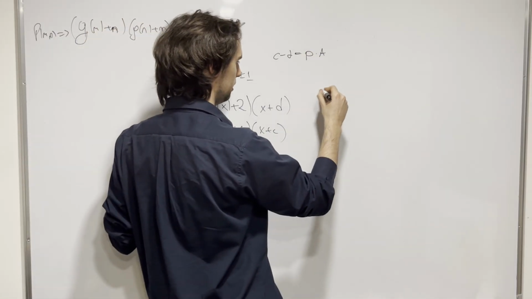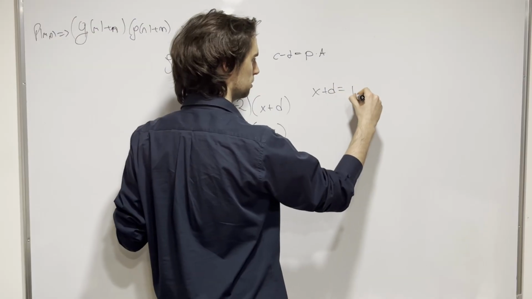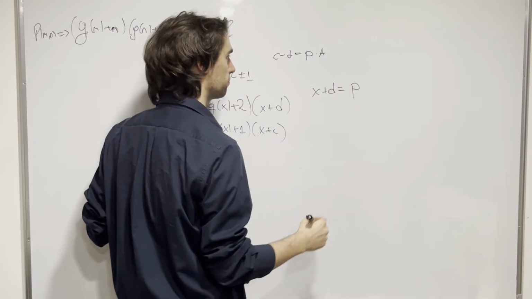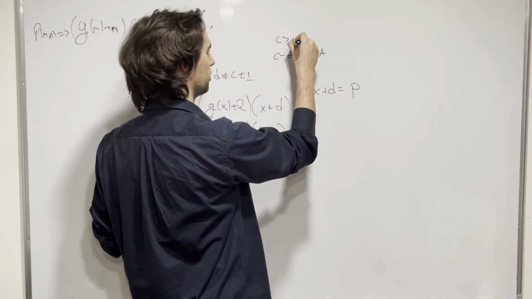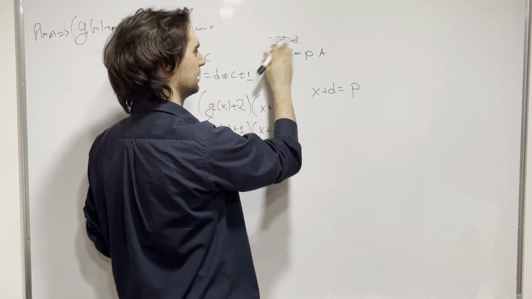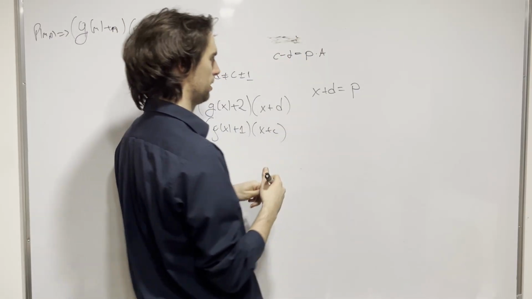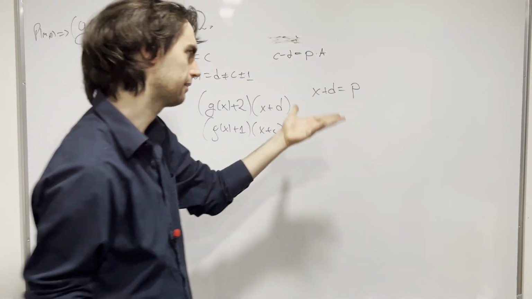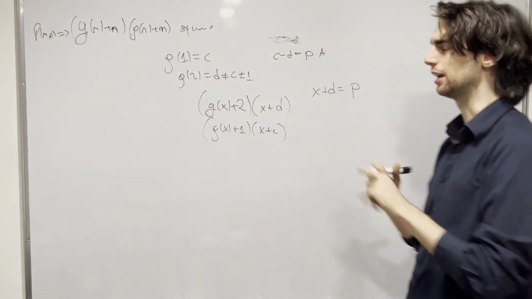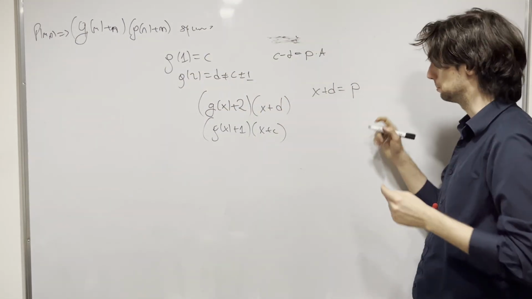And now let's set x plus d to be, let's not actually deal with which one is greater. Doesn't matter which one's greater or not. A can be positive or negative. I don't think this changes divisibility. It changes the sign, but not the divisibility.